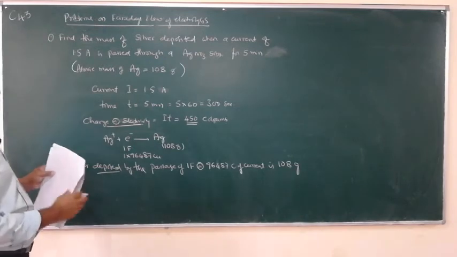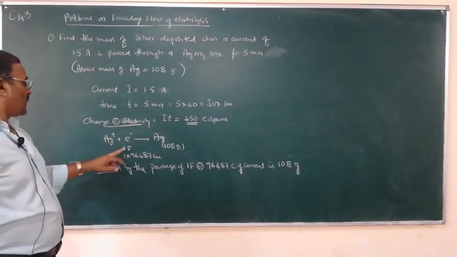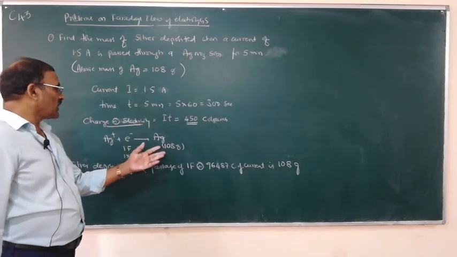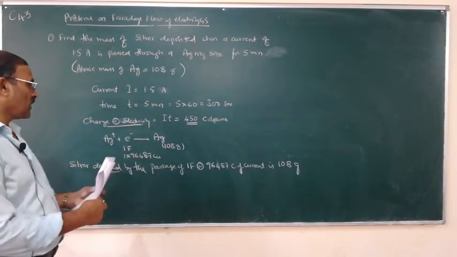So when this much of current is passed, the amount of silver deposited is equal to its atomic weight.